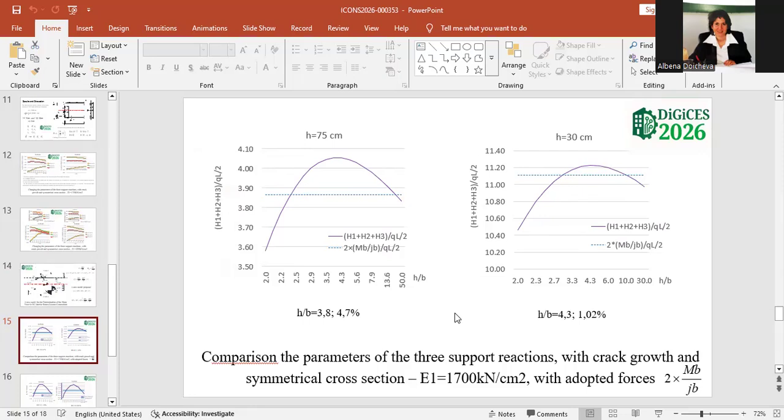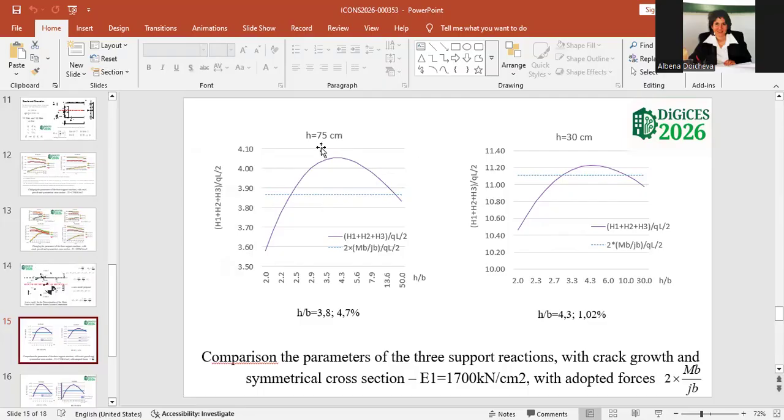You can see the blue line is the shear force from the literature, and the magenta line is our shear force. You can see that our shear force has a bigger magnitude at some positions of the crack between beam and column. And this comparison is for normal concrete.